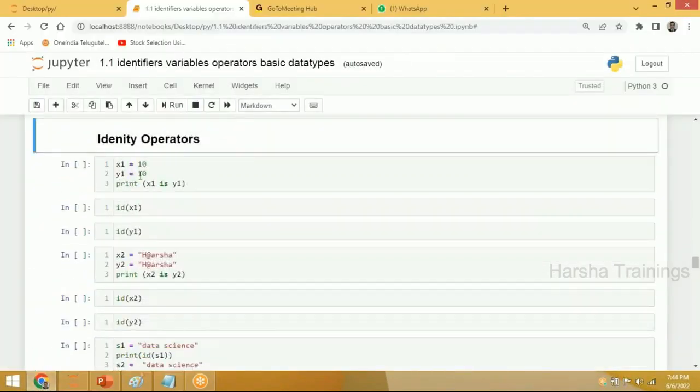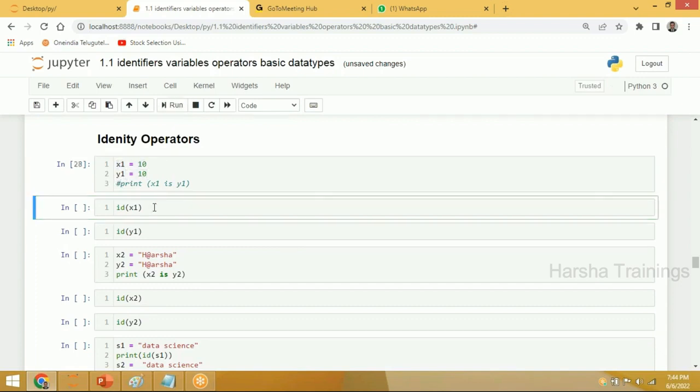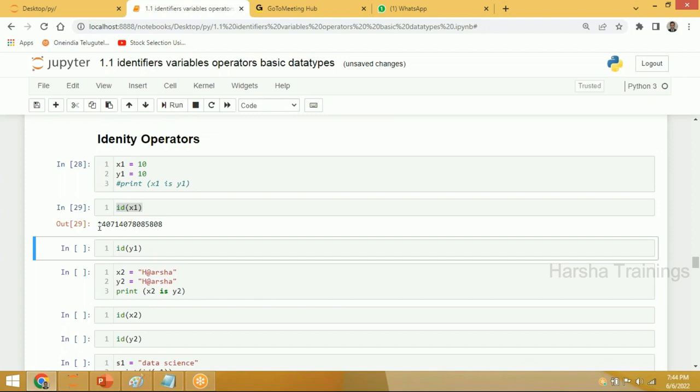Listen carefully. Let us take x1 equal to 10, y1 equal to 10. Look here: id of x1 gives me a unique identifier number, which internally consists of a 12-digit identifier. The memory of x1 has a unique identifier ending with 808.